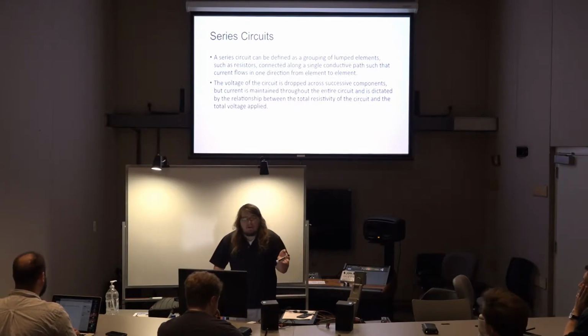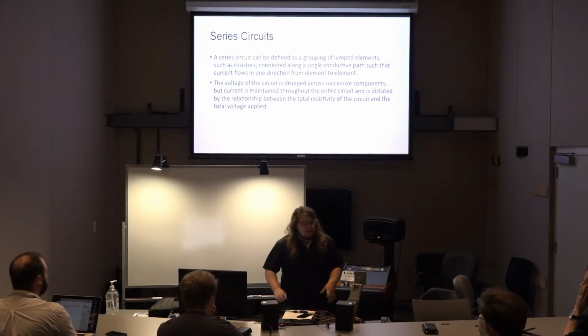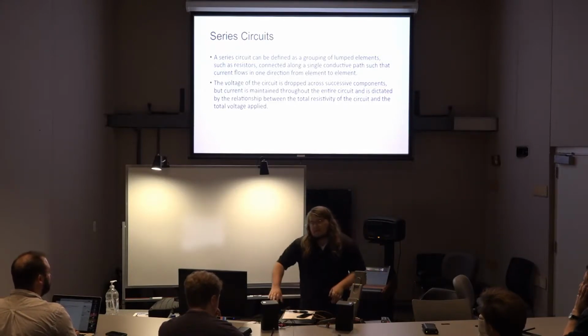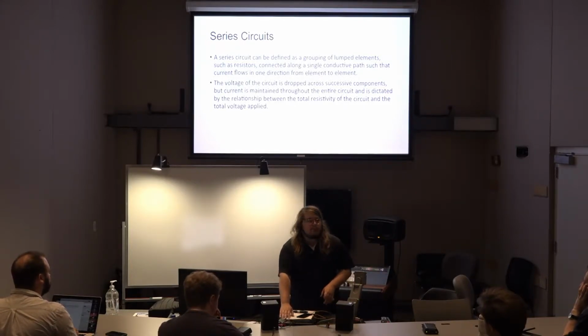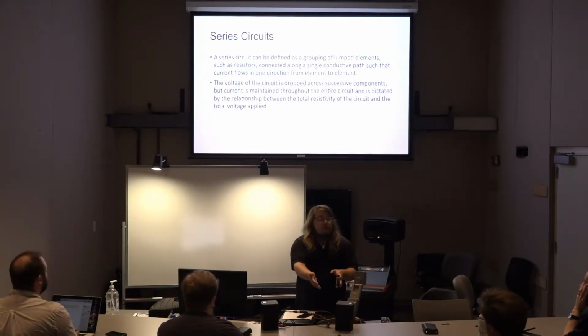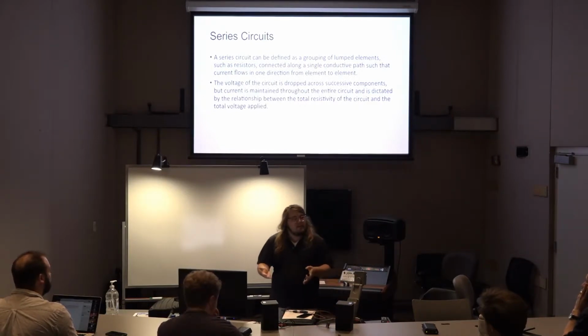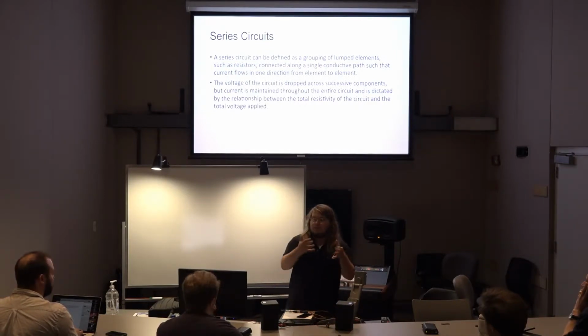But we also saw that in real life when we measured it. We started with an output voltage of around 2.6 volts from the power amp. We saw that dropped across one speaker when it was the only element. In fact, that was in itself a series circuit, right? We had the power amp and we had one speaker. We had 2.6 volts dropped across the whole speaker.